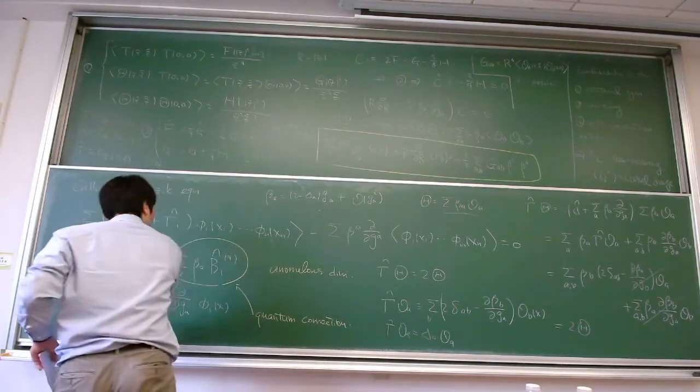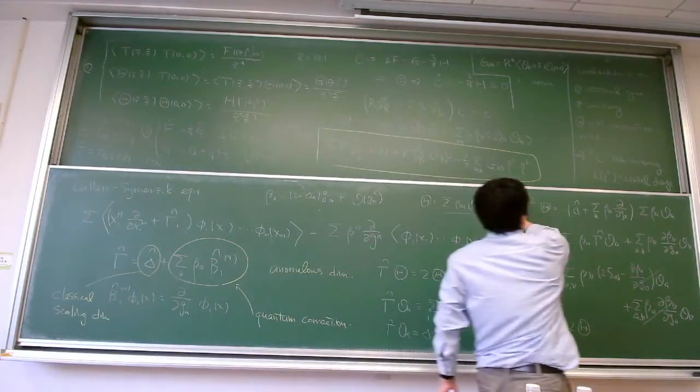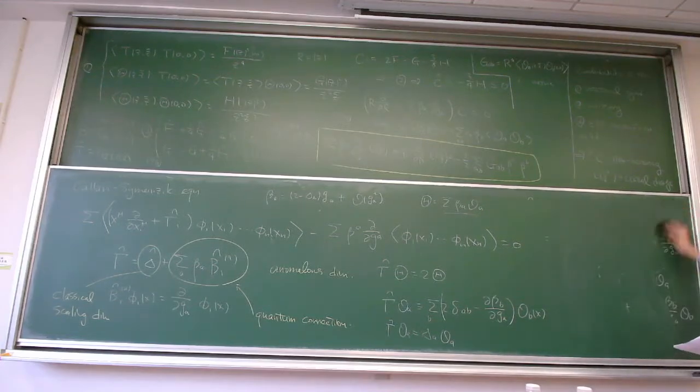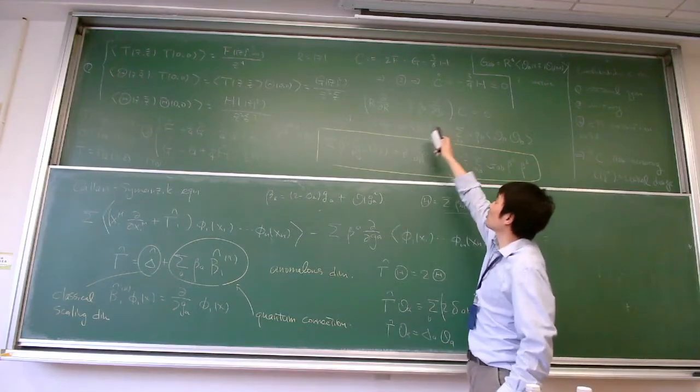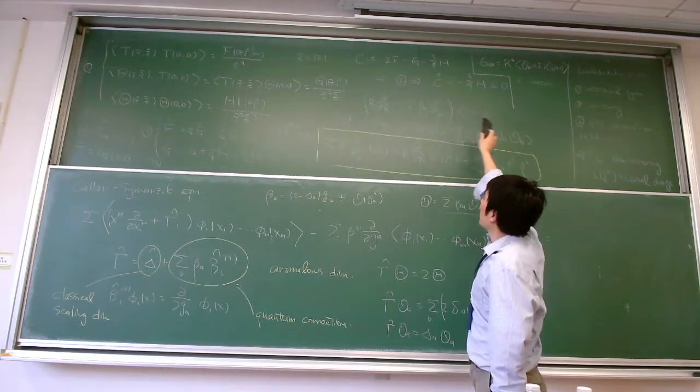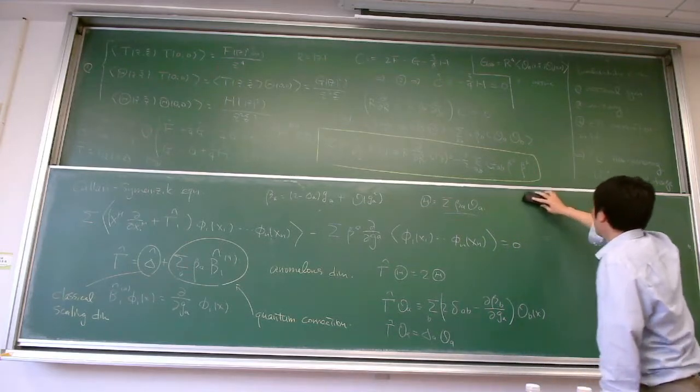What is the answer? The detailed derivation is homework, but just apply this current algebra equation, this 2-point function, and by using this relation, you get this one. So this is homework to show.